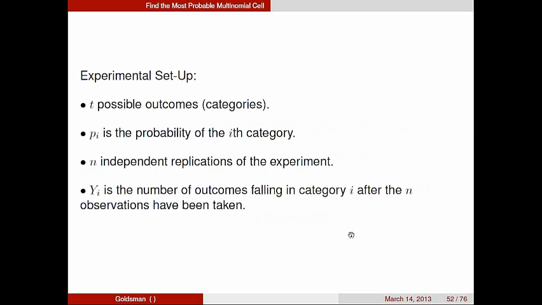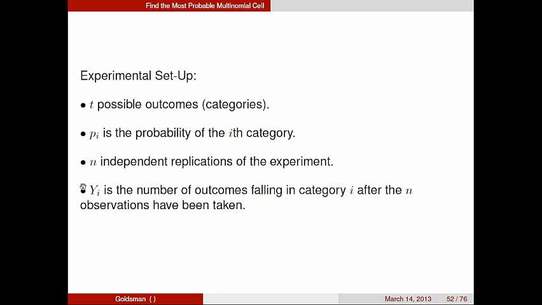So the experimental setup is this. Let's suppose I have T different categories or possible outcomes, 3 different TV shows or 5 different political candidates. P sub i is the probability of the ith outcome being chosen. They have to add up to 1 since everybody has a favorite. And let's pretend I take n observations, and let y sub i be the number of outcomes that fall in category i after you've taken n observations.